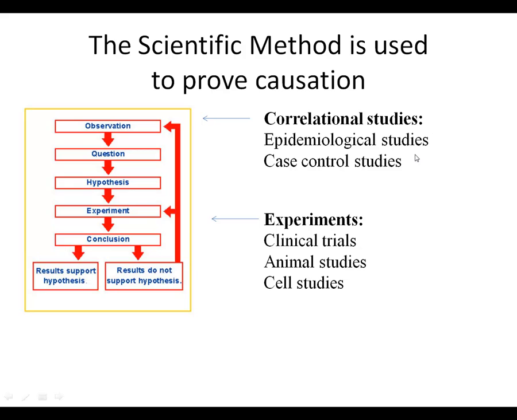You see them and you go, maybe there's something going on here. Sometimes when you do the experiments, and the experiments are clinical trials, animal studies, and cell studies, it will turn out that the correlation was due to a true cause and effect relationship. But sometimes it will turn out that it's due to another factor.